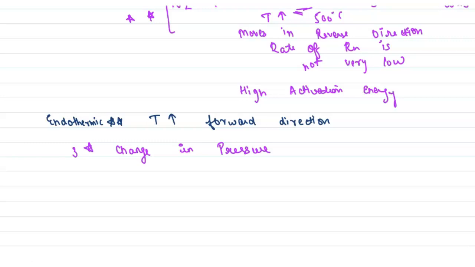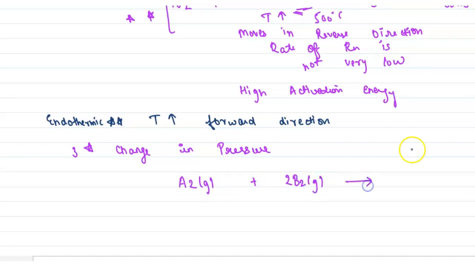Now think of this. You are a class student, and let me just say that this is the reaction A2 gas plus 2B2 gas gives you AB2, and we can just balance this reaction by this. Okay, this is the reaction.